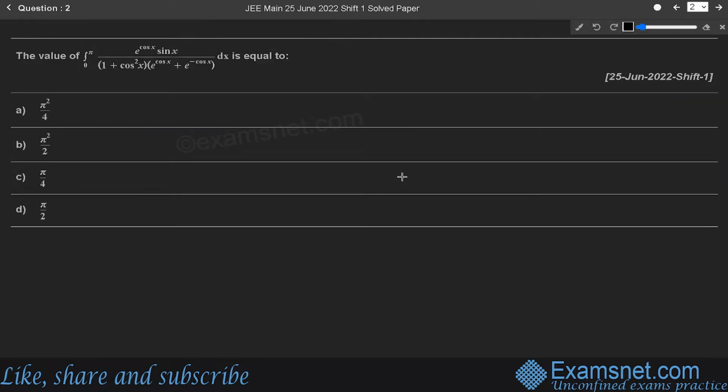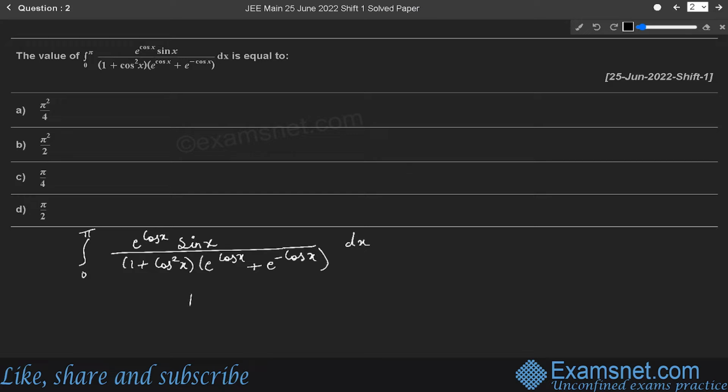Next question is a very interesting question. The value of the integral from 0 to pi of e power cos x sin x divided by (1 plus cos square x) into (e power cos x plus e power minus cos x) dx is equal to.